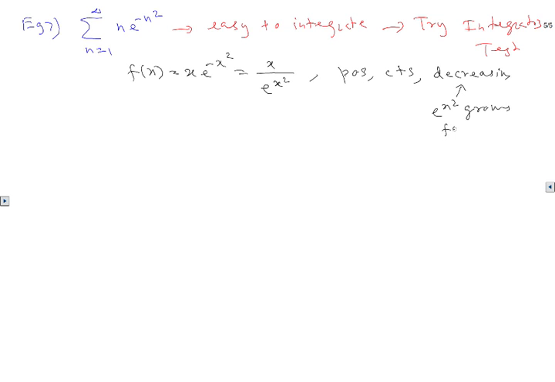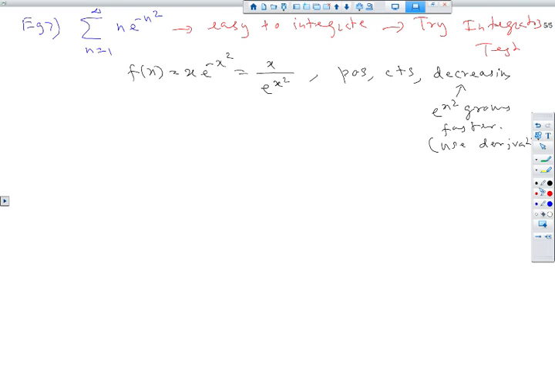That's one way, or use derivatives. You can use any other argument like that, but if you just mention that, that would be enough. This is an improper integral, so we will convert the problem to the improper integral.